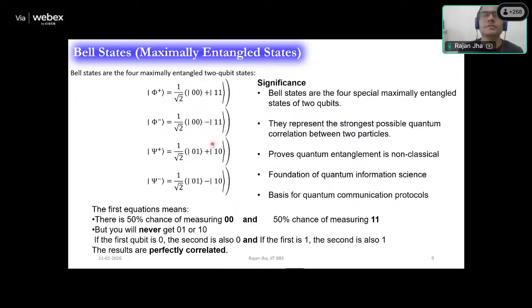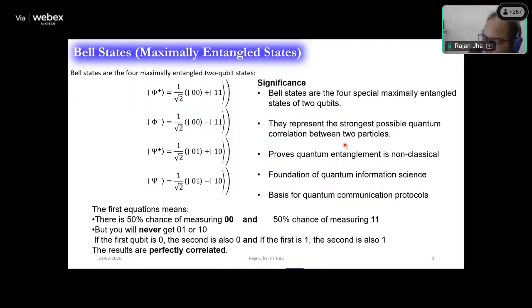or a perfectly entangled system. There are a lot of important advantages associated with the Bell state. These are some of the advantages I have placed here. Bell states are, as I told you, maximally entangled states of 2 qubits. They represent the strongest possible quantum correlation between the two particles.